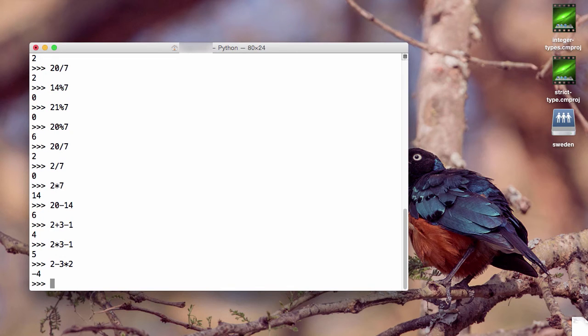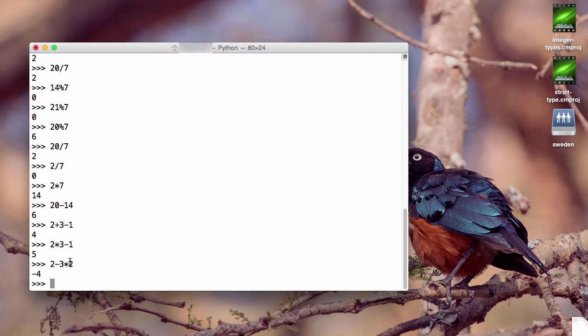So negative 4. Now, is that what you were expecting? If you're thinking mathematically, then yes. But if you're thinking this, and then this, and then this, then you might not. You might have thought, well, 2 minus 3 is -1, times the 2 is -2.